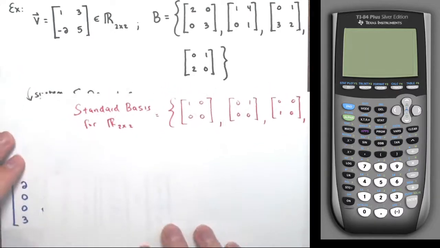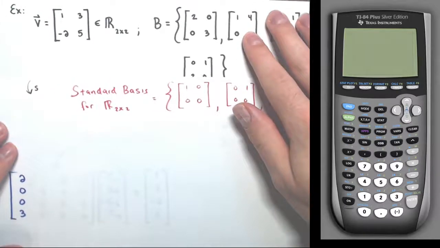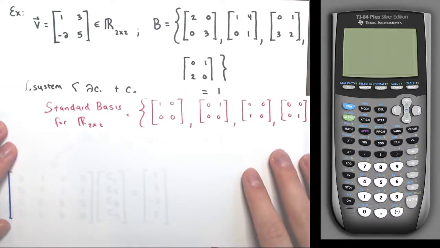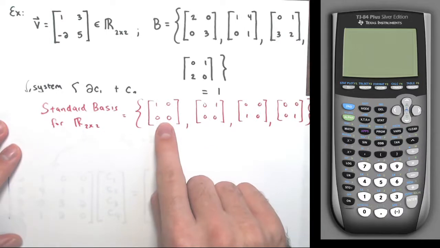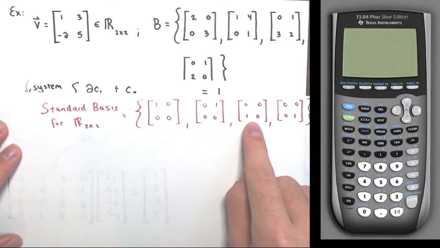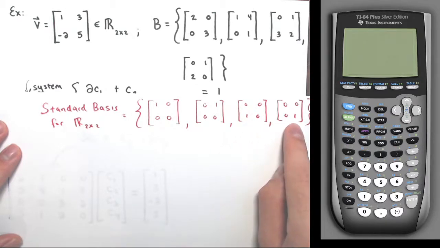Think about that. Let me keep the 2, 0, 0, 3 up. Here is this standard basis, and it had these vectors in it. Now you see, I need 2 of this, none of this, none of this, and 3 of this to make that.